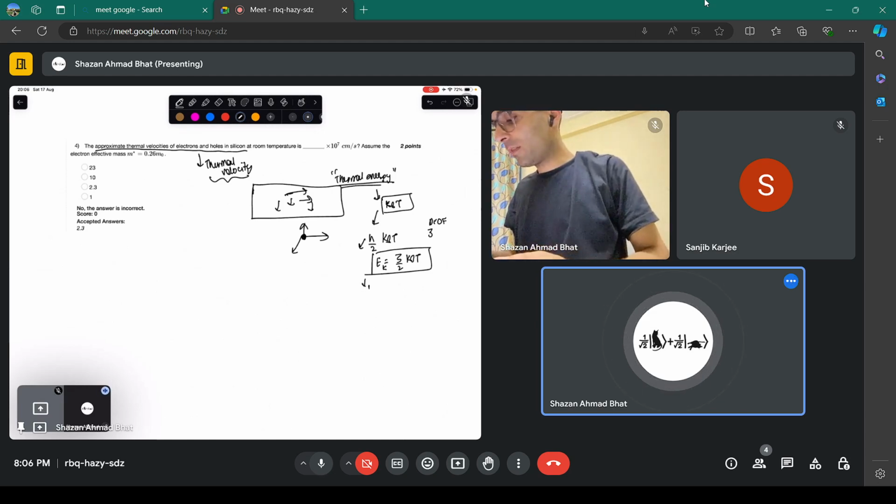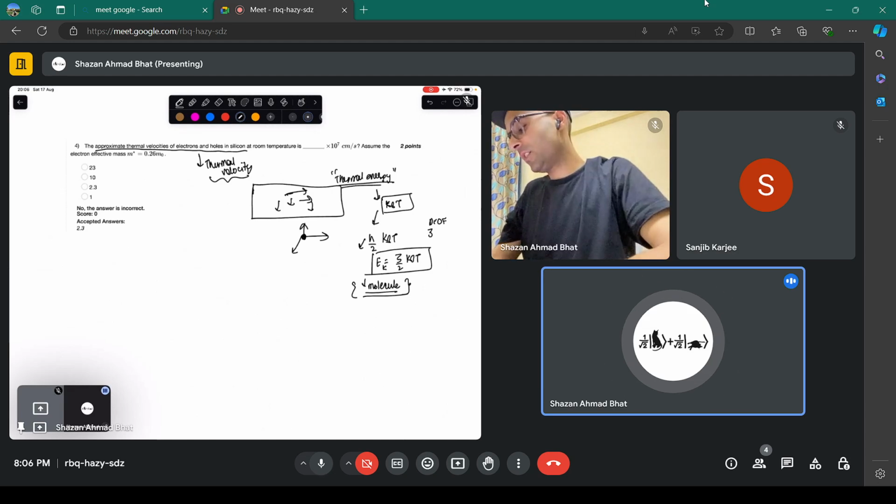This is similar to what happens with gas molecules. Gas molecules also have this kind of kinetic energy with respect to the temperature. But this is a very simplistic assumption.